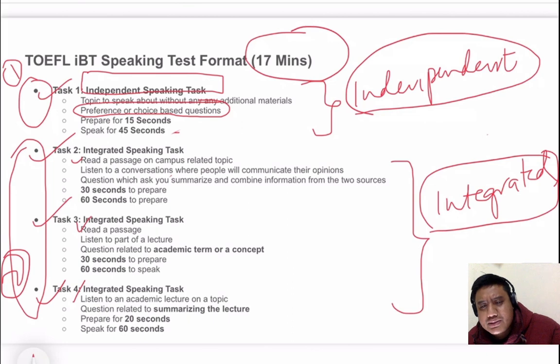Using examples, state the reason why. Such questions are very close to the independent writing task that we looked at in the writing part of our test.